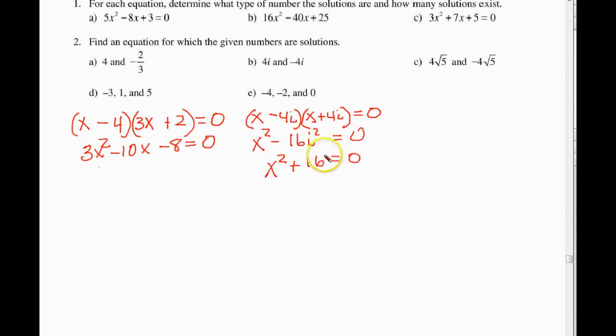But now that we've introduced imaginary numbers, we know that the sum of perfect squares will now factor, but they're going to be imaginary numbers. All right, using our same technique. So once you break the ice of the technique here, I think things get a little easier for you.